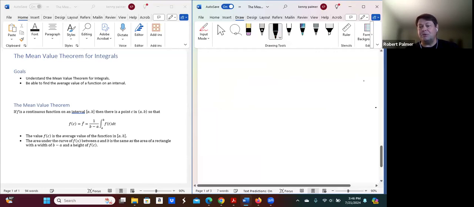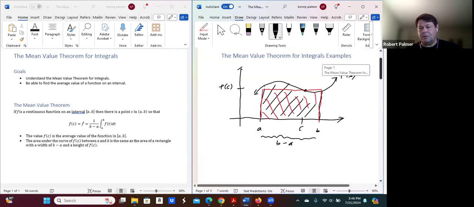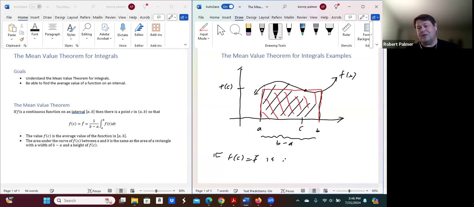So to be an average, sorry about that, what that means is f of c, which can also be called the average of f, that's what the line means, is the average value.